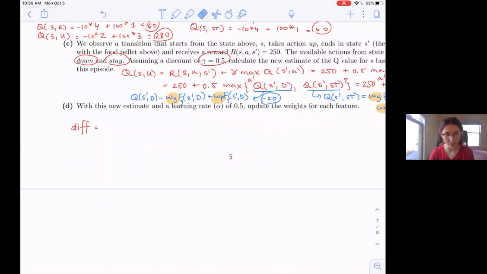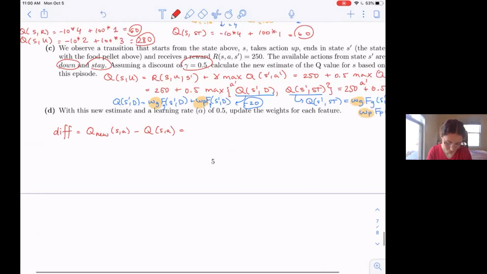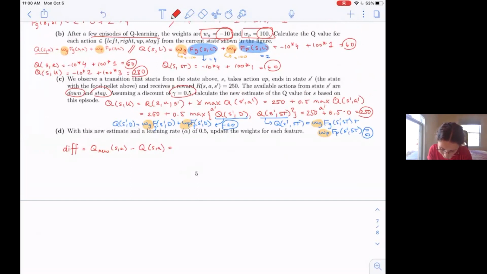What we're going to do is compute the difference between the old Q value and the new Q value. So the difference here is going to be Q new of S, A minus Q previously that we had of S, A, where our new Q value is going to be 250.